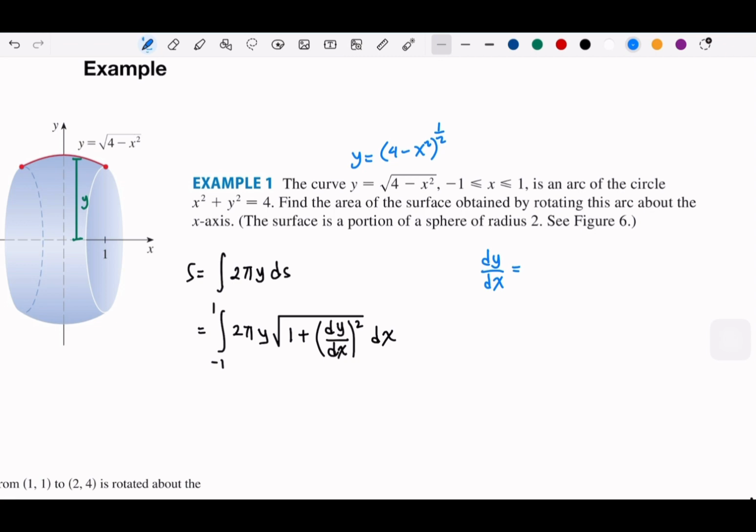So this is half, so we derive, so half of 4 minus x squared, to the power of minus half, and then multiply with -2x. Okay. So we can cancel 2. So we have -x over the -half coming down and becoming like this.